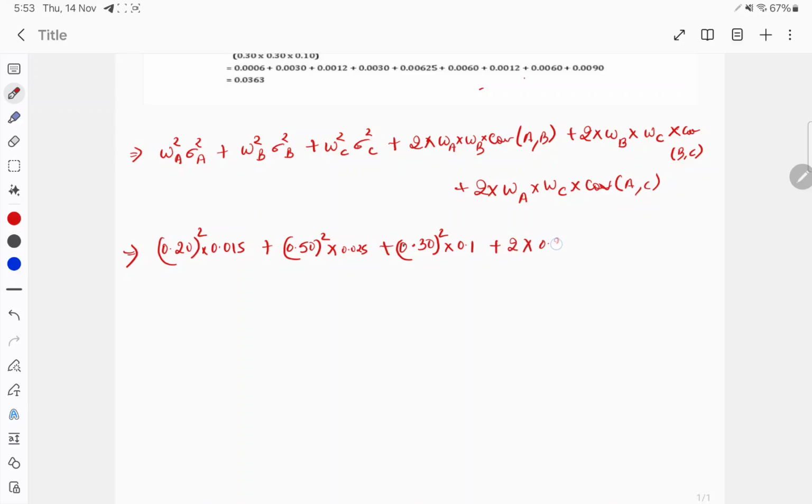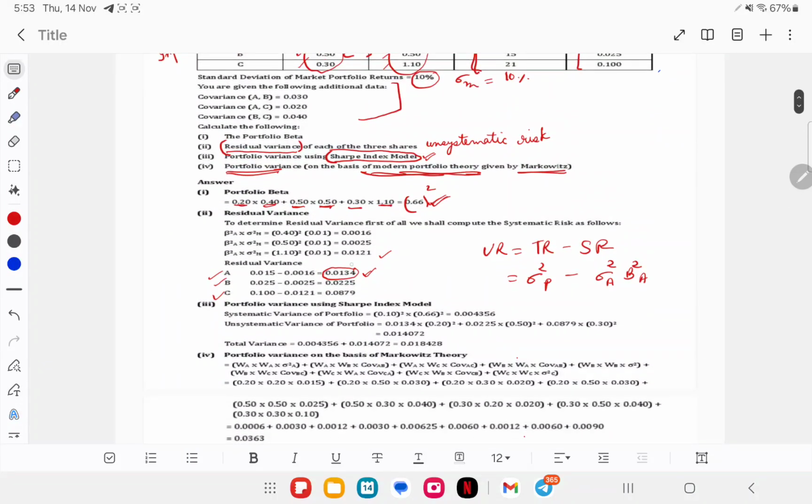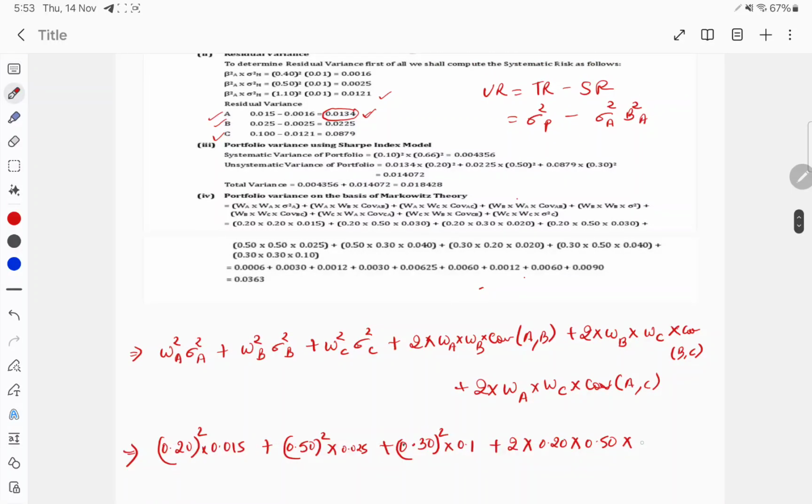Weight of A is 0.20 and weight of B is 0.50 into the covariance, which was given in the question. It is 0.030 for A and B, into 0.030. Okay, now for the second part, it is 2 into A and C we are taking.